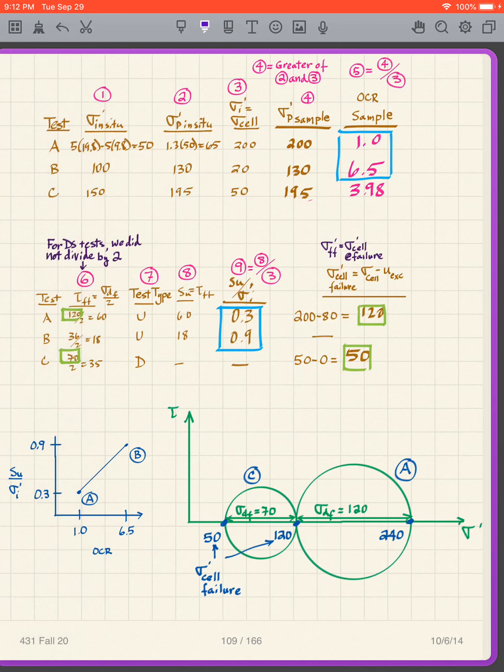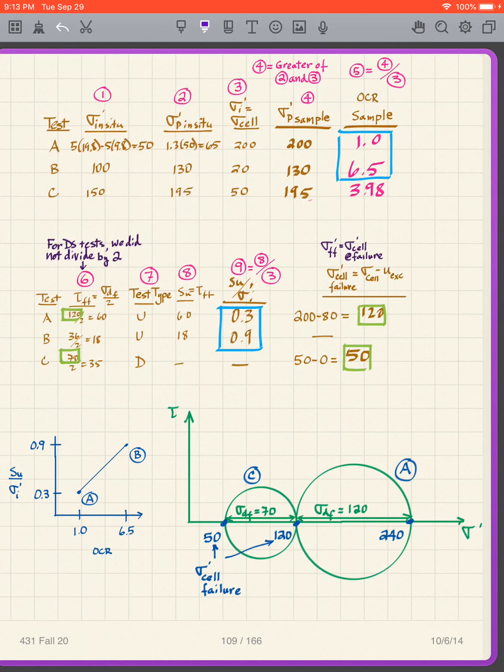And we created a table very similar to what we've already looked at. So we have tests A, B, and C. The sigma prime in situ, you can all get that at 5 meters. It's 5 times 19.8 minus 5 times 9.8, which is 50. And similarly, that's 100 and 150. Our sigma prime P in situ, we were given an OCR of 1.3. Where do we get that?